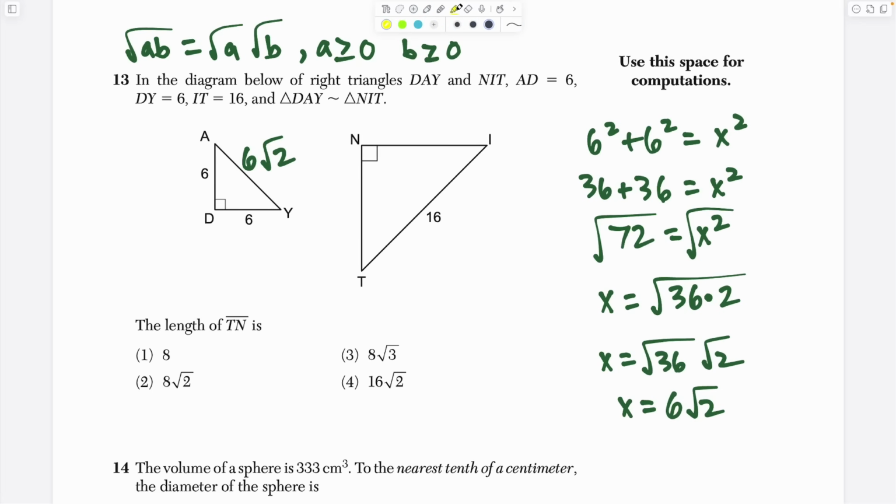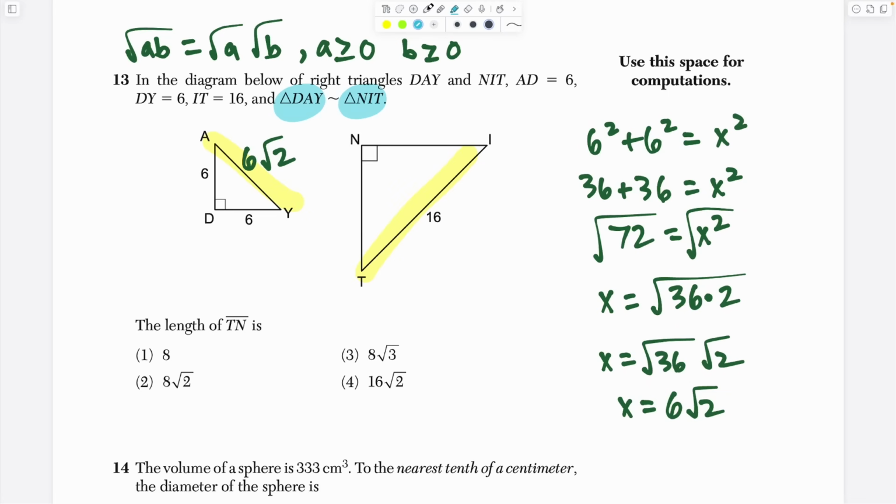So what I notice here is that we have corresponding sides now. I know here that 6 square root 2 corresponds to 16 because we're told that these two triangles are similar, and AY is the hypotenuse of the small triangle and IT is the hypotenuse of the big triangle.